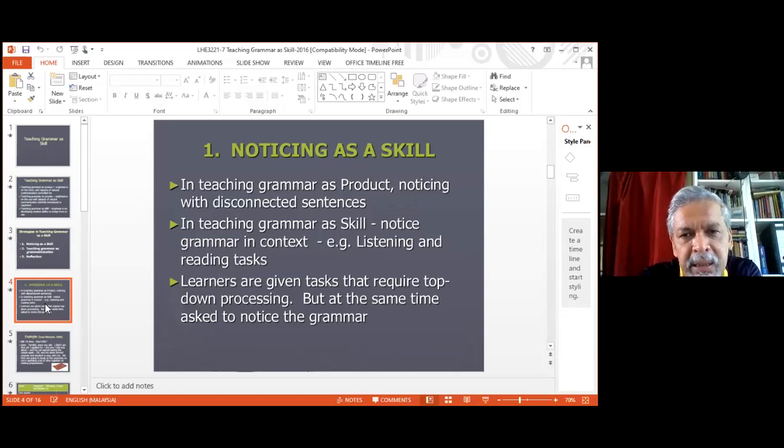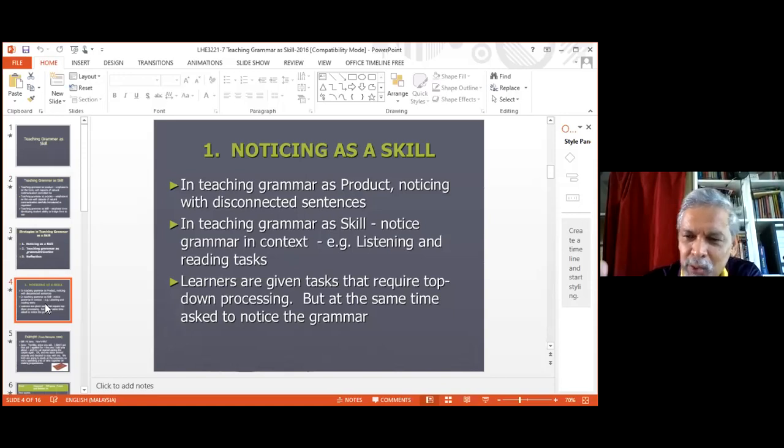So in teaching grammar as product, noticing happens, right? If you remember the diagram, in teaching grammar as product, noticing for, noticing by, structuring for, structuring by. But in teaching grammar as product, noticing is with disconnected sentences. So we try to control the text, don't make it too long or with too much information.